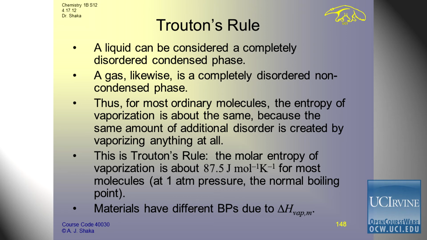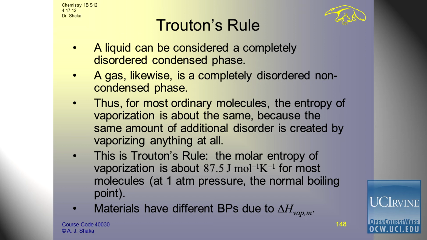Because remember, heat of vaporization is going from a liquid to a vapor. So when we're saying that they're both disordered, right? The only thing that's really changing is whether it is being condensed or non-condensed, right? And this is usually very similar in the case of all molecules.